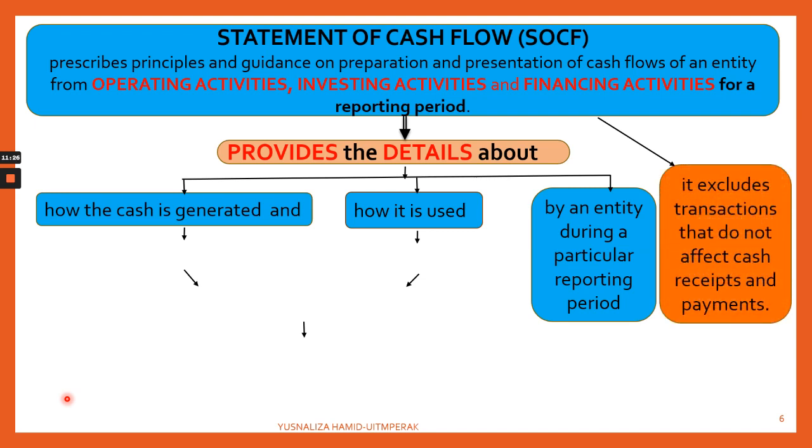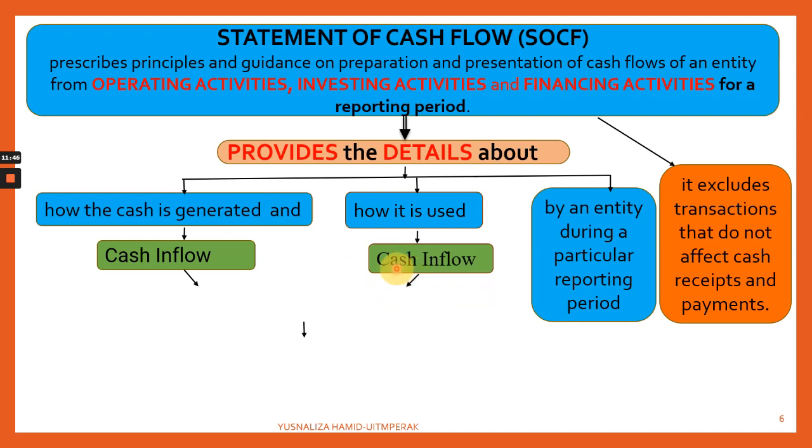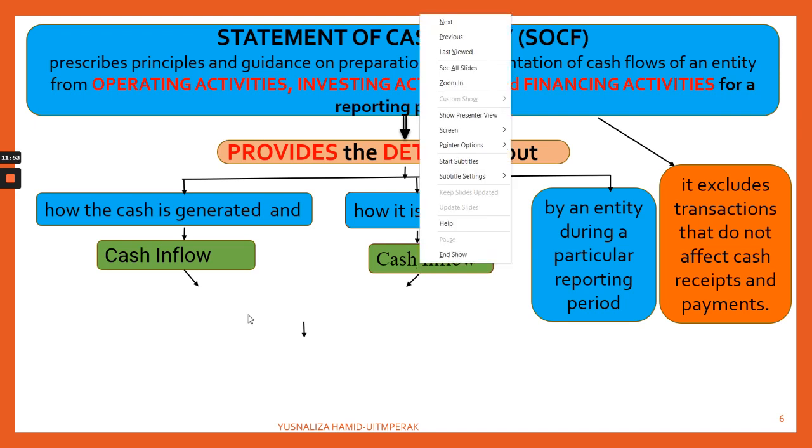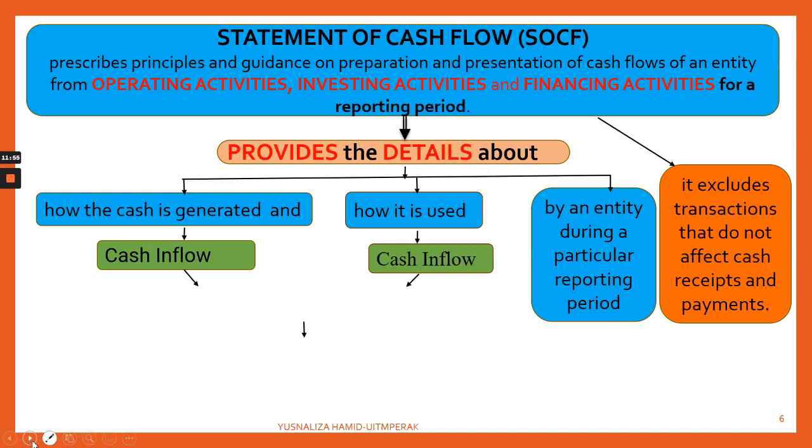However, as I said earlier, it excludes transactions that do not affect cash receipts and payment. It will focus only on transactions that affect cash receipts and payment. As I said earlier, how cash is being generated is cash inflows. How cash is being used is cash outflow. So there's a mistake here. Let me just make a little adjustment because there's a typo.